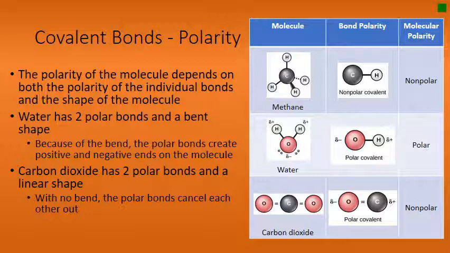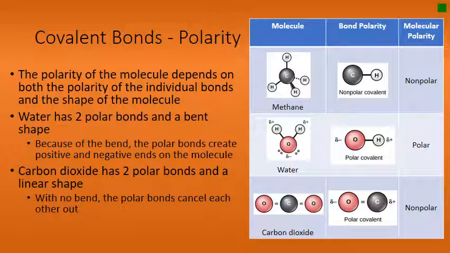The distribution of the electrons about this molecule is relatively equal, relatively even, and consequently there is no localized negative or positive electrical end to the molecule. But contrast that with water, where the oxygen is more electronegative than the hydrogen, and the shape is bent.